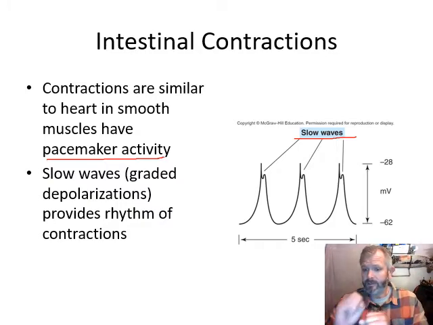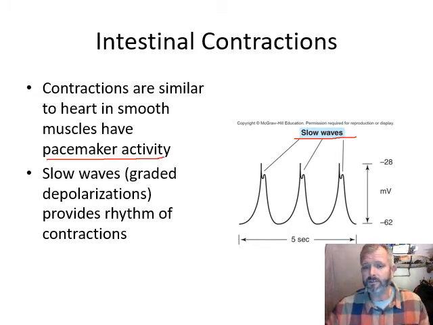We have the autonomic nervous system that helps regulate or modify the activity, and the parasympathetic and the sympathetic are going to modify these slow waves. These are made by the interstitial cells of Cajal. We'll look at the next slide, but they can regulate the activity of these slow waves.